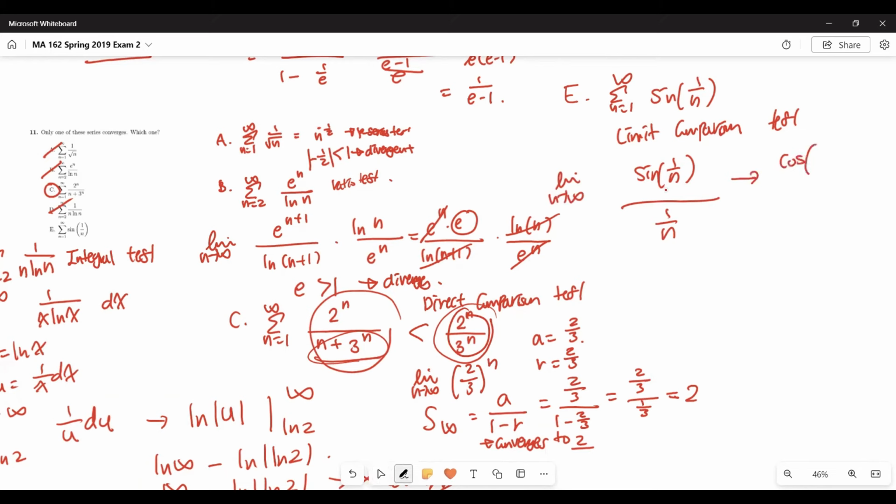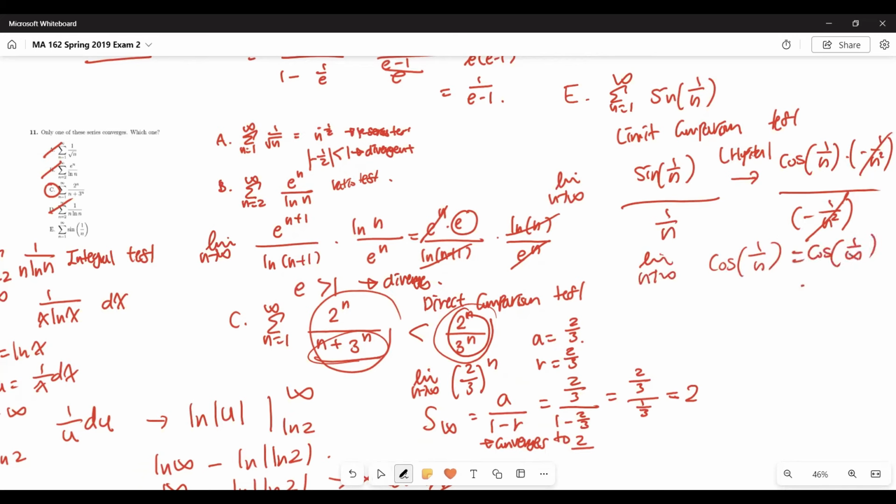So this becomes cosine 1 over n times, by the chain rule, negative 1 over n squared, over negative 1 over n squared as well for the derivative, because we are using L'Hopital. This cancels out, so this just becomes cosine 1 over n, and as n goes to infinity, cosine 1 over infinity is cosine 0, which is 1.